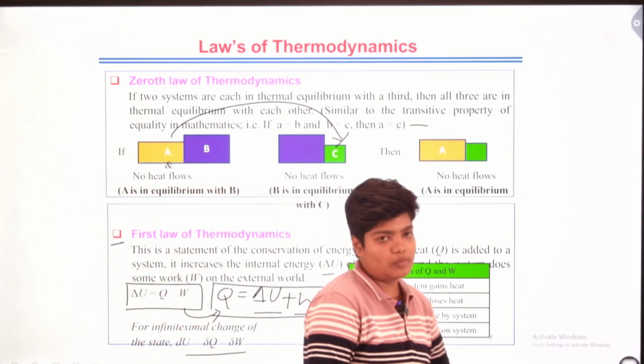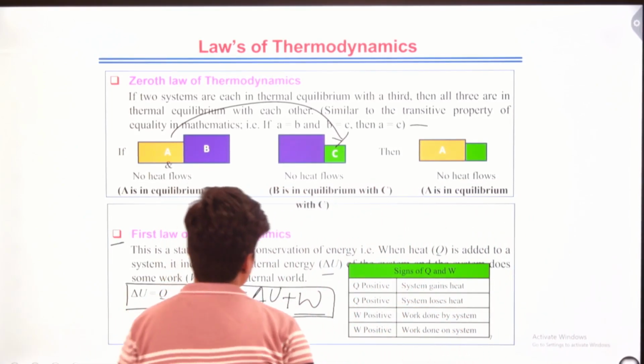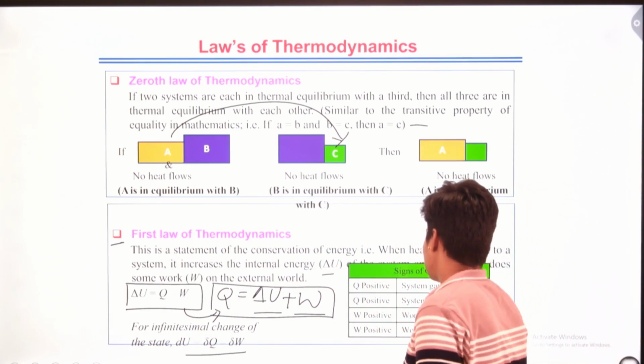Now in thermodynamics, the sign of Q and W matters, because of the numericals. In numericals it is most important to know what the sign will be.